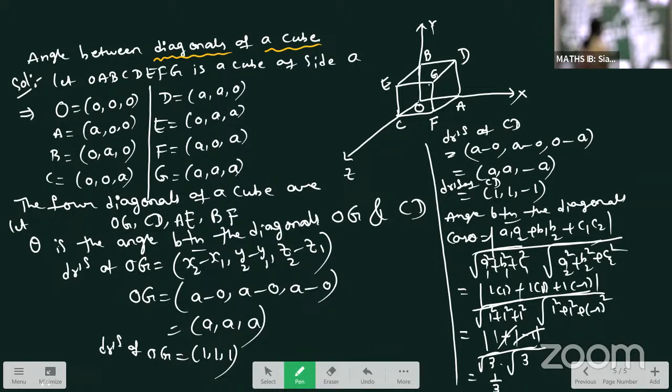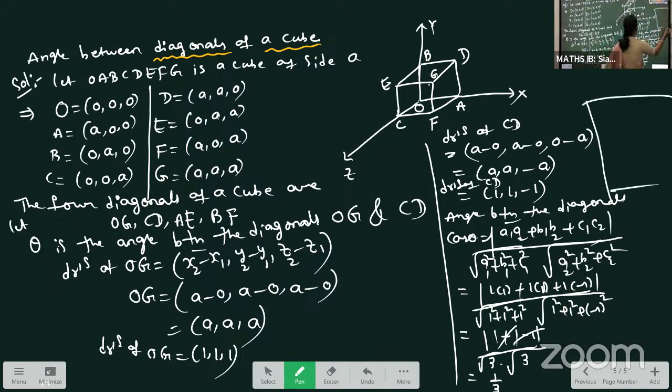So cos theta is equal to 1 by 3. I'm writing it here in the corner. What is the angle? Angle means only theta we want. So if cos goes to the other side, theta is equal to cos inverse of 1 by 3.